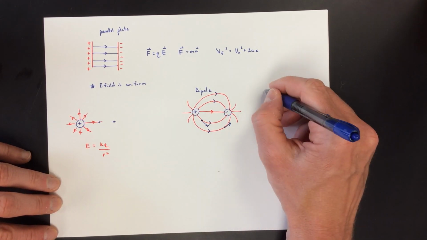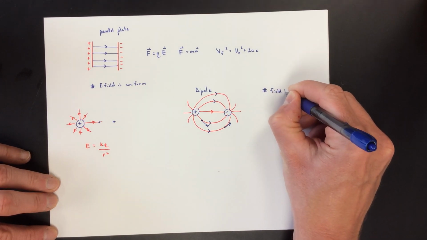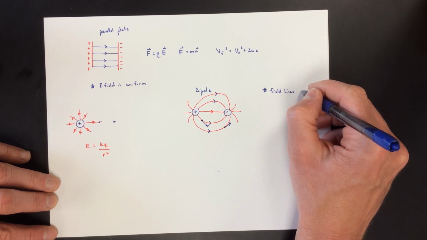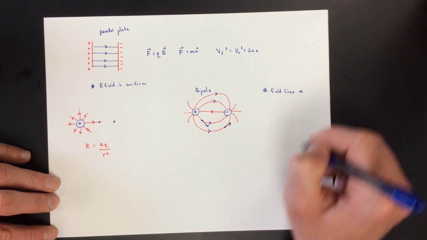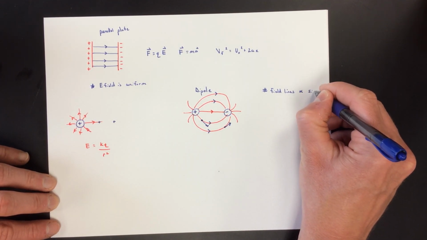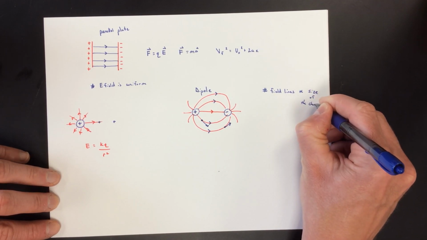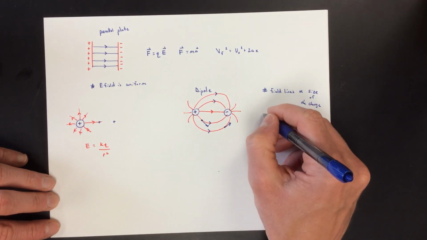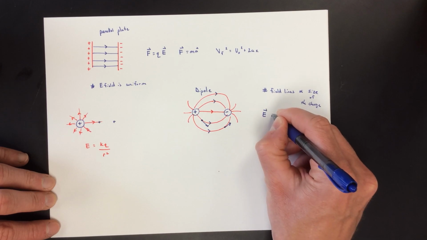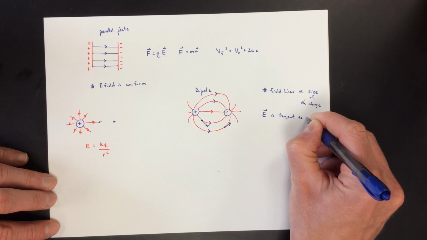And like I said before, the number of field lines is proportional to the size of the charge. The alpha is a proportional symbol to the size of the charge. Right? The direction of the E field is always tangent, so the actual vector itself is tangent to the lines.